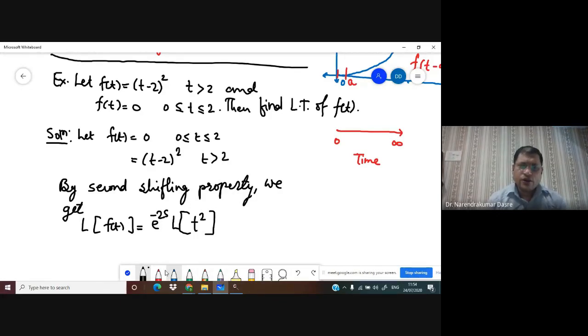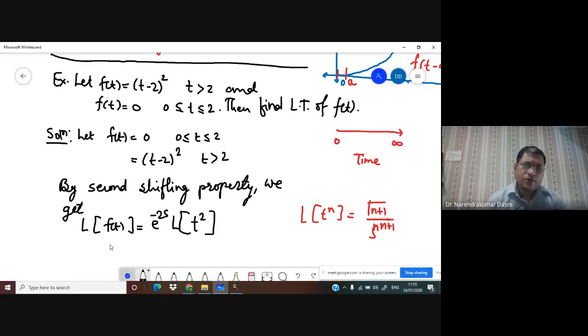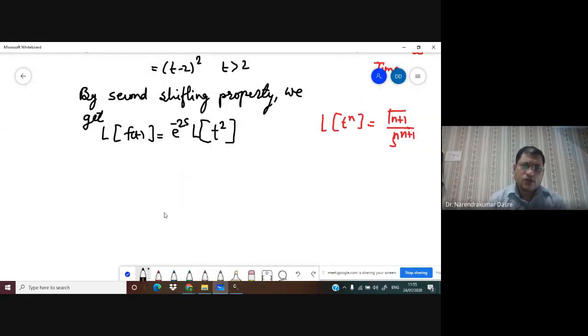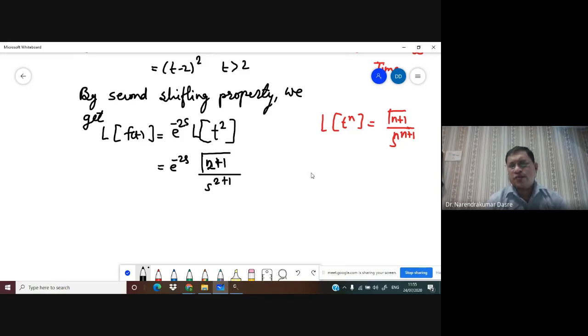What we know is the Laplace transform of t raised to n is equal to gamma of n plus 1 upon s raised to n plus 1. Hence this is equal to e raised to minus 2s, gamma of 2 plus 1 upon s raised to 2 plus 1.